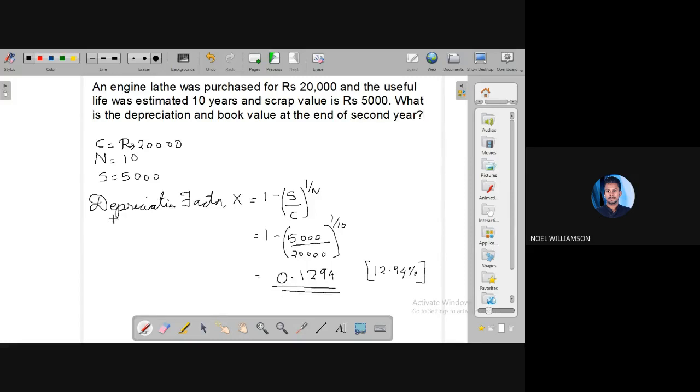So the first step, we find the depreciation factor.